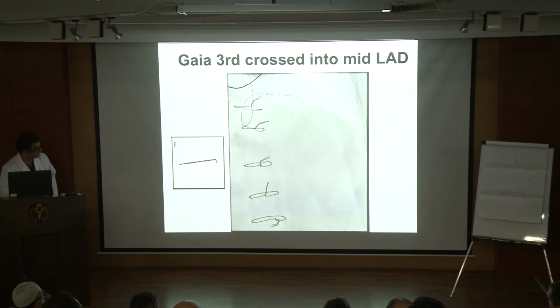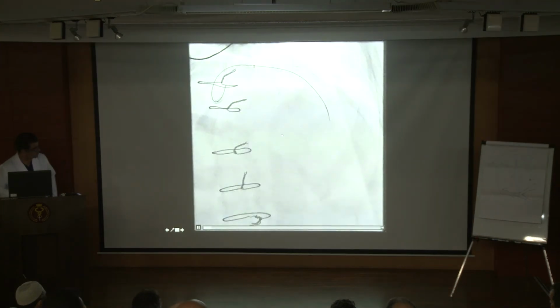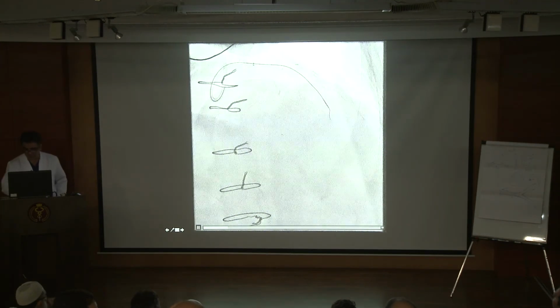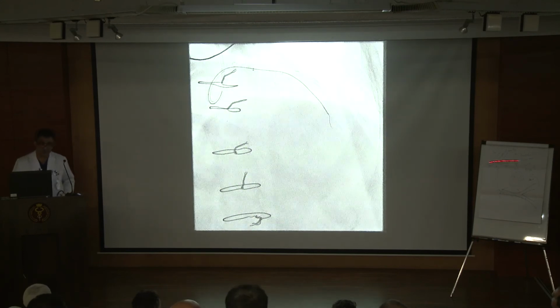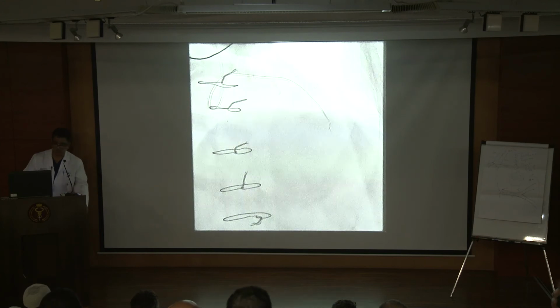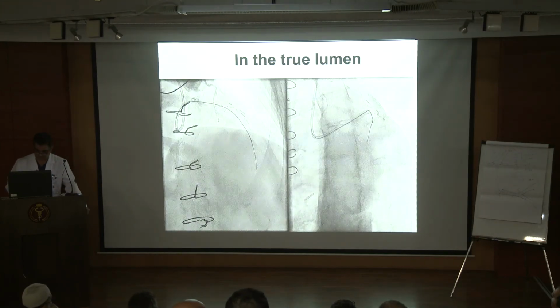You pull back. Redirect. And get into the vessel. So that's the push and pull technique. You go further down, and then you can de-escalate the wire, put in your workhorse wire, and finish the case.